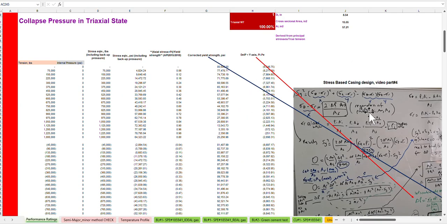So then I have the collapse pressure in the triaxial state. I put a screenshot of my whiteboard when I derived this in the video part number 4. I recommend you watch video number 4 for the derivation.